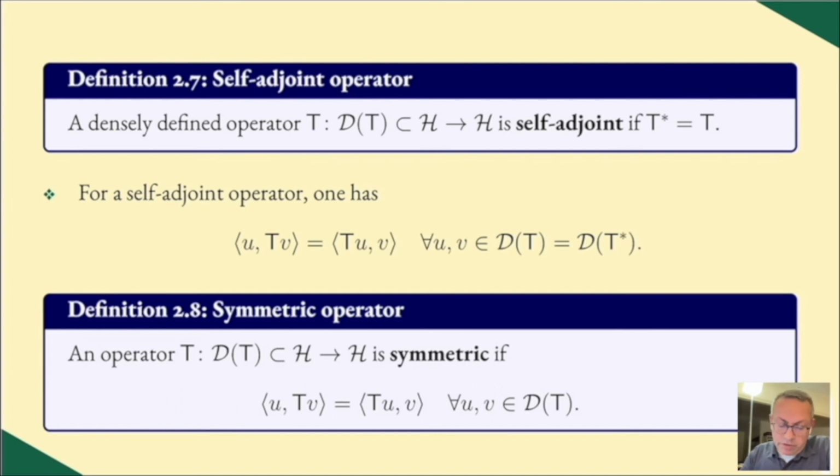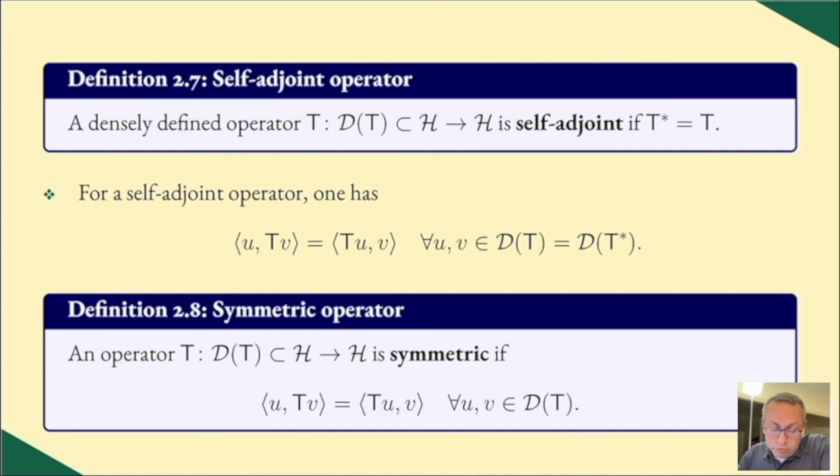It's a densely defined operator on a Hilbert space such that its adjoint, and we know that we can speak about its adjoint because it's densely defined, is equal to the operator itself. So this is a self-adjoint operator. By definition of the adjoint, it satisfies this relation, valid for any U, V in the domain of T, or T star. This is the adjoint relation.